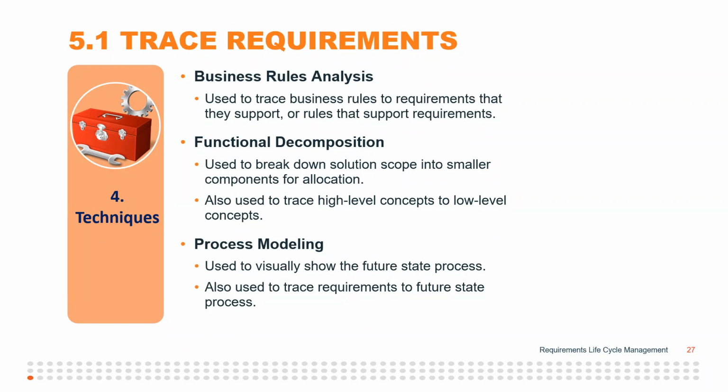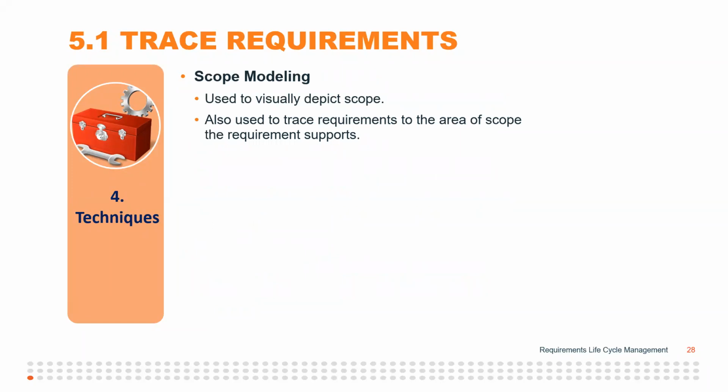And then there's process modeling, where you visually show the future state processes, and you would also want to trace requirements to a future state process. There's also scope modeling, which is used to visually depict scope, and also to trace requirements to the area of scope that the requirement supports.